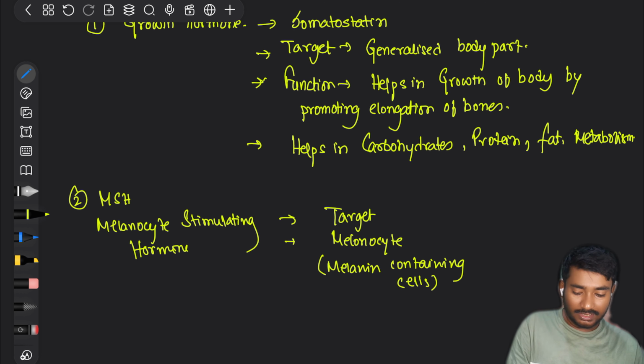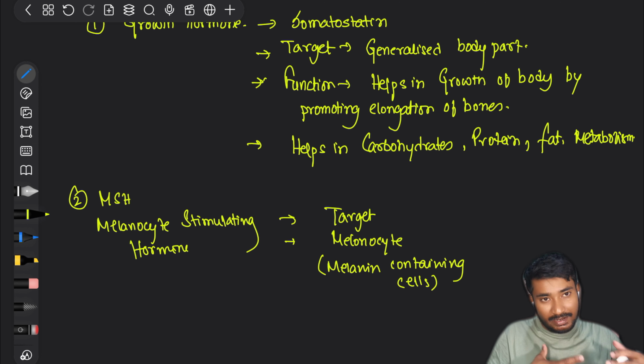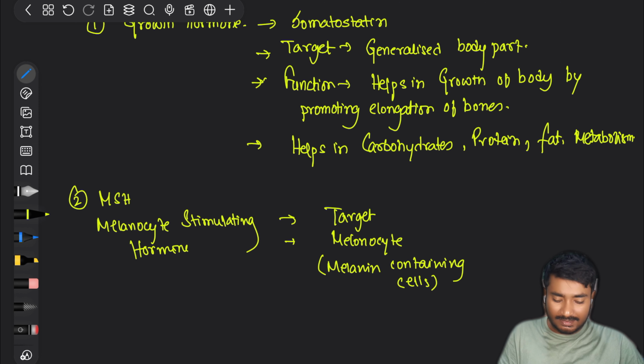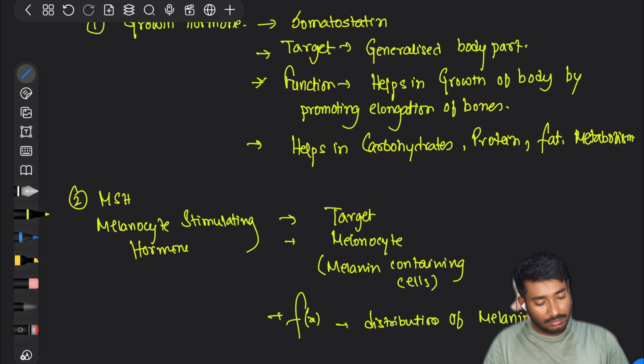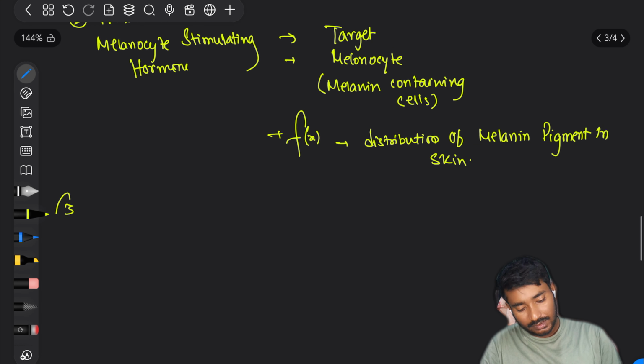Melanin containing cells. The distribution of the melanin pigments in the skin. Function: distribution of melanin pigment in skin. Okay.